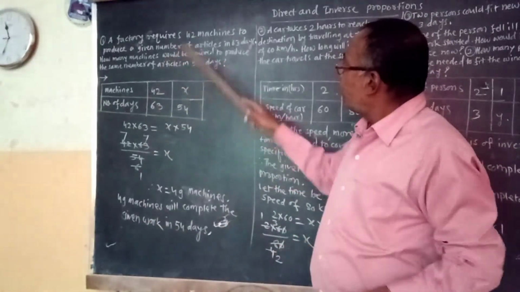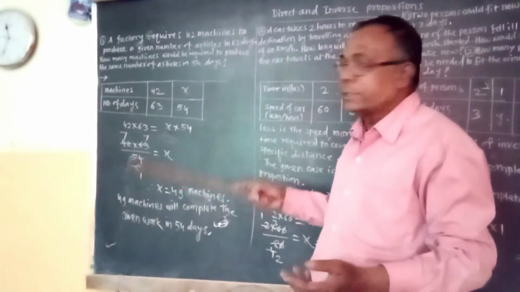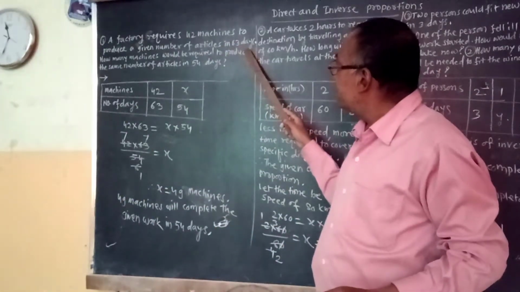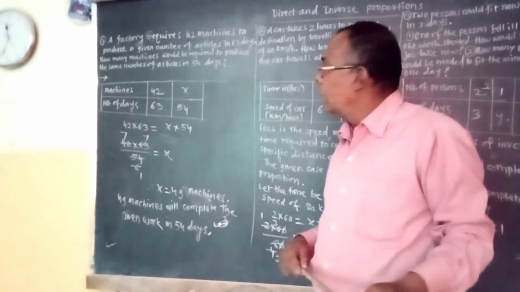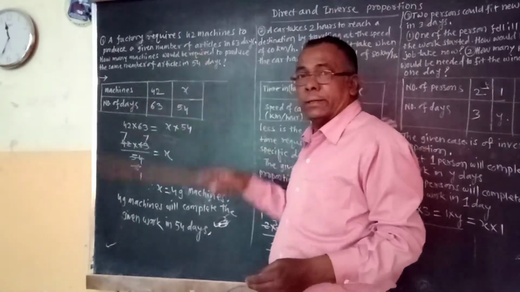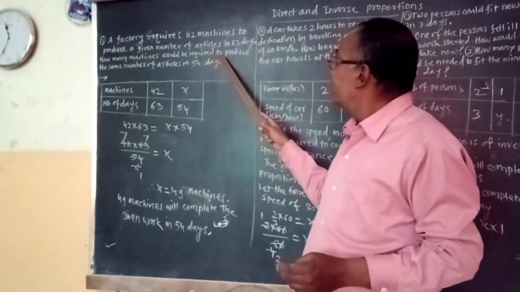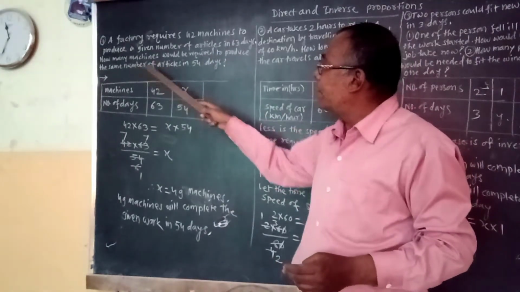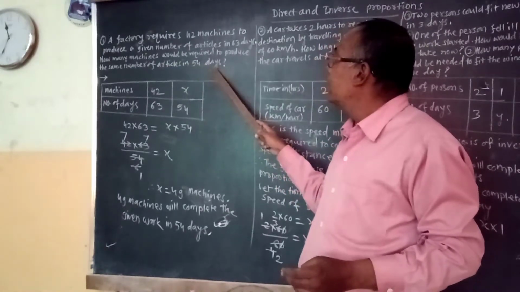Means 42 machines produce a given number of articles in 63 days. How many machines would be required to produce the same number of articles in 54 days?